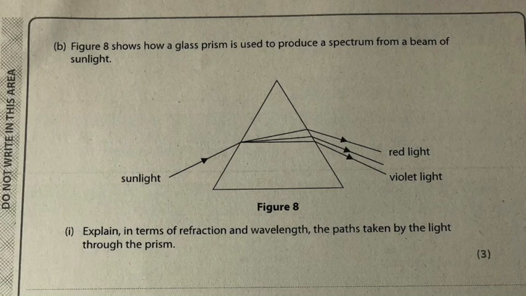The last question we're going to have a look at in this video is part B, part 1. So we're being asked about the prism here and the light moving through the prism. Sunlight is white light, but white light is really a mixture of those different colours of light we see in the visible spectrum: red, orange, yellow, green, blue, indigo and violet.